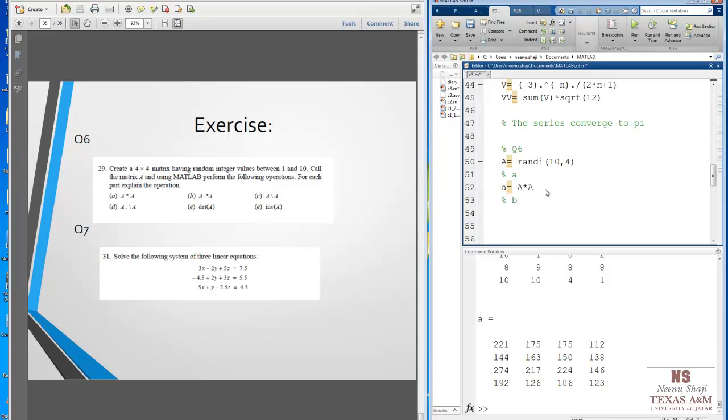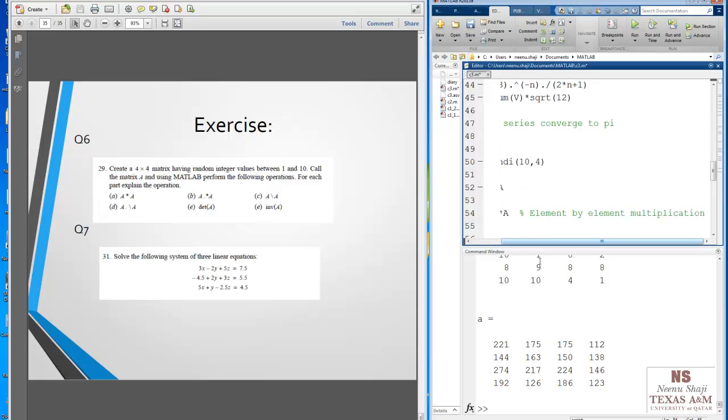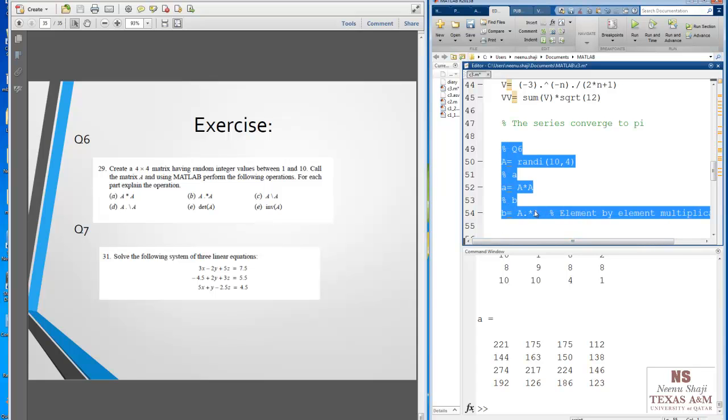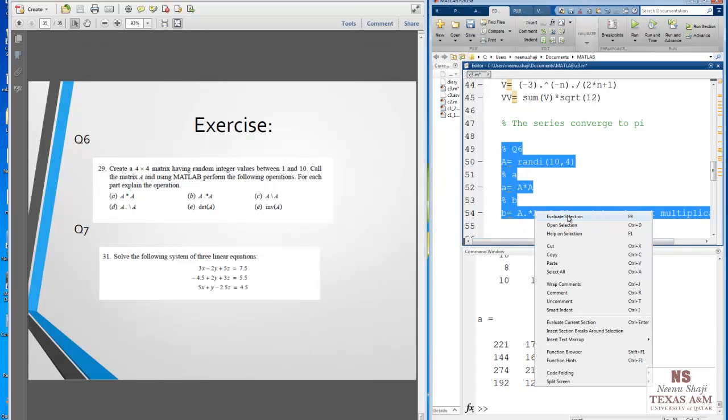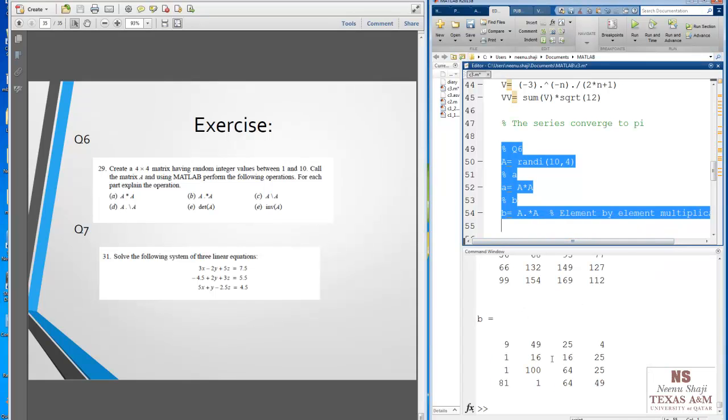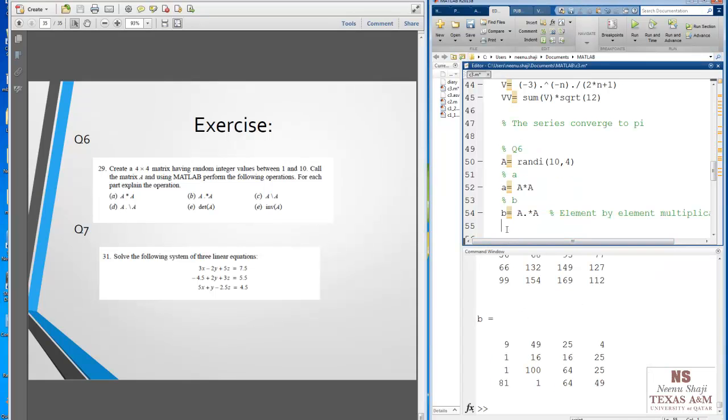Part B, A dot star A. This is element by element operations, so you can make a comment. Because A and A are both the same size, so you can do element by element operations.